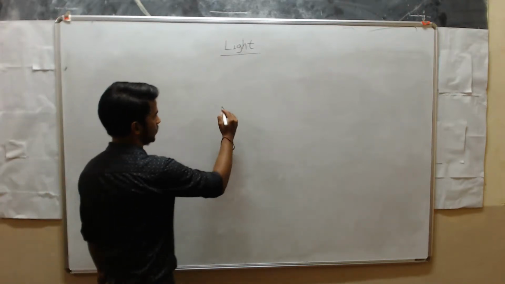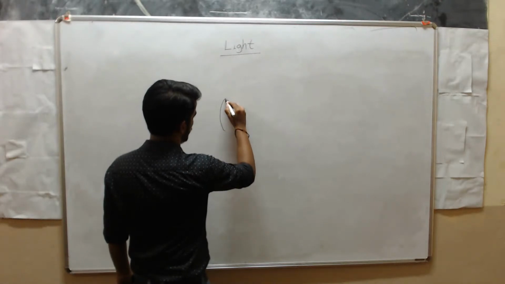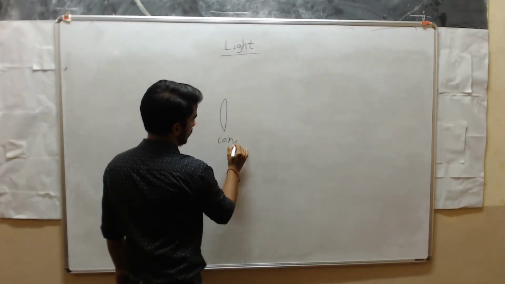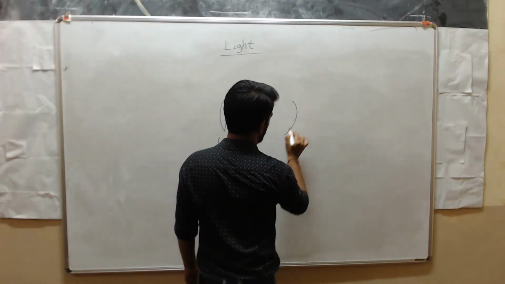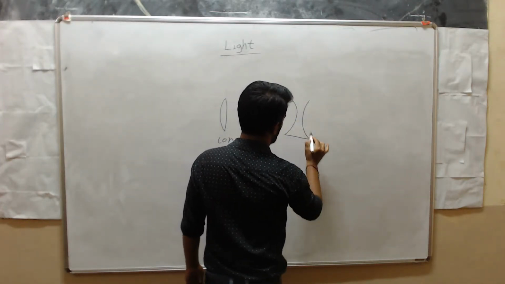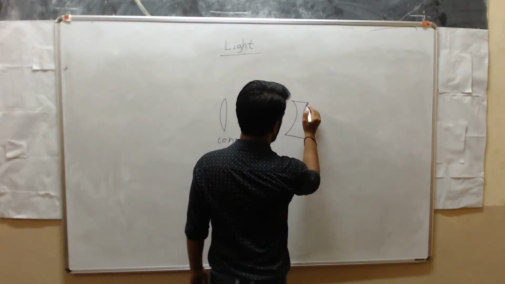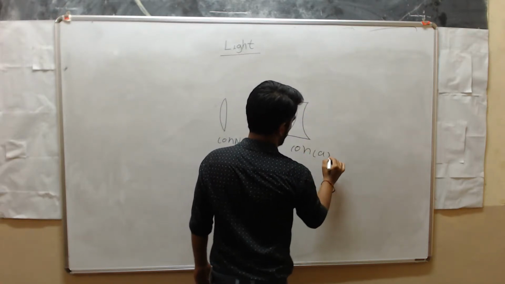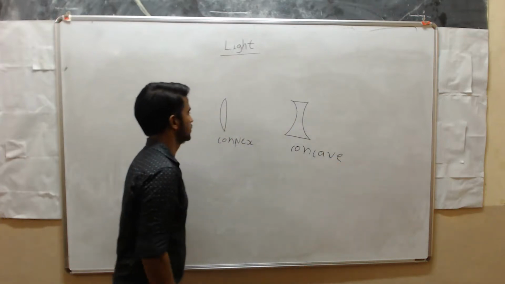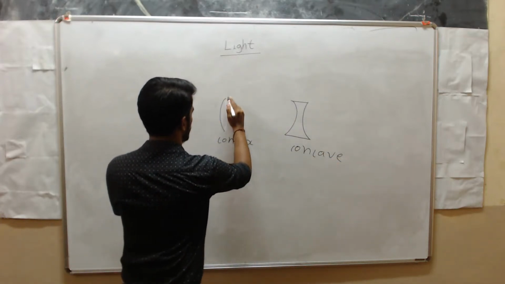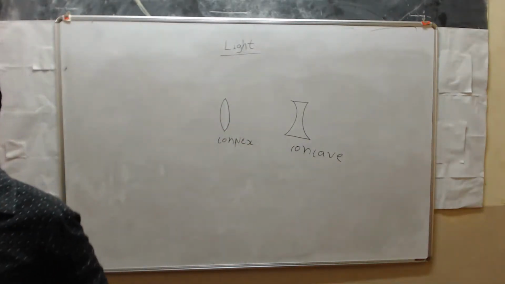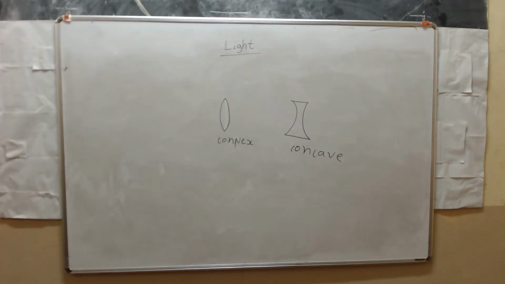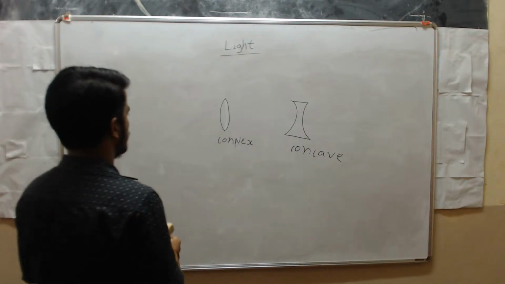The first one is convex, then the second one is concave. Concave lens. Okay, lenses. First one.